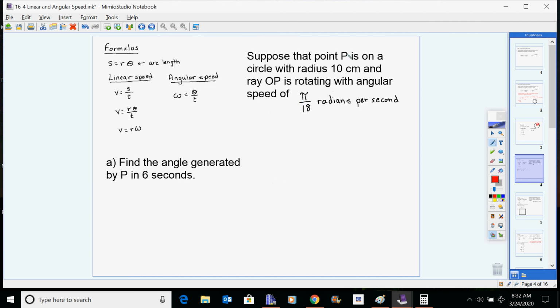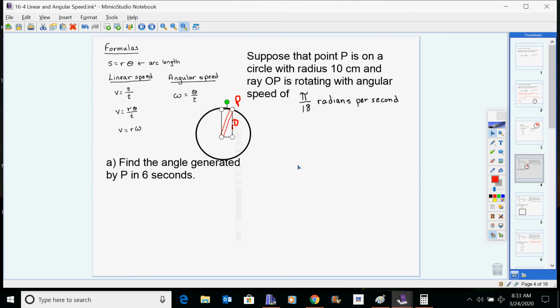All right, suppose you've got a point P on a circle, and the radius is 10, and ray OP is rotating with an angular speed of pi over 18 radians per second. So if we think about it, you've got your circle, point P is on the circle and moving along, and the radius is 10 centimeters.